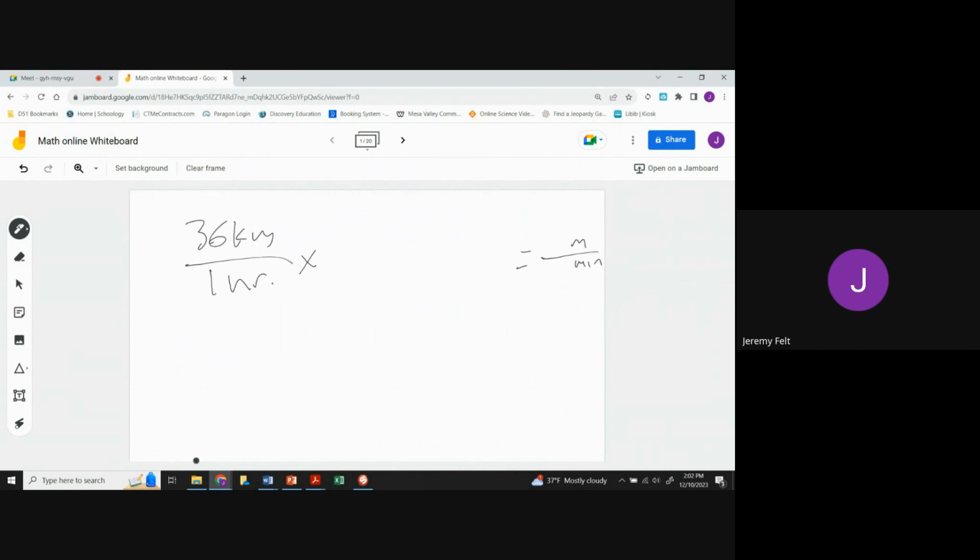All right, so I want to get rid of kilometers. So I know 1 kilometer is 100 meters. That's good. And then I want to get rid of hours, and I could do this the other order too. So 1 hour, 60 minutes, hours and hours, kilometers and kilometers.